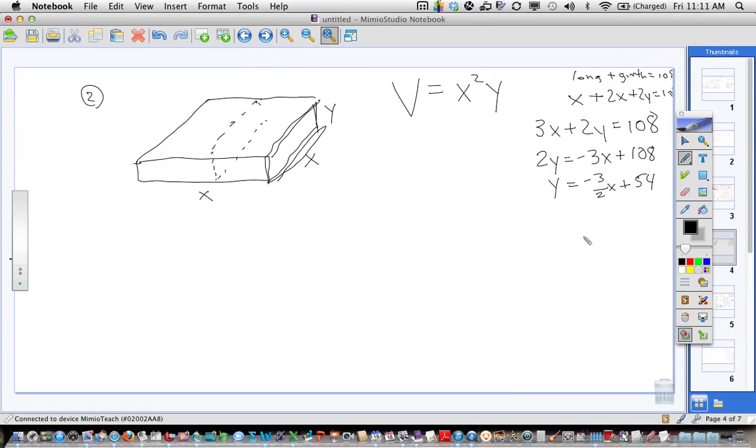And then we substitute that back in. So x squared times negative 3 halves x plus 54, and distribute that through.